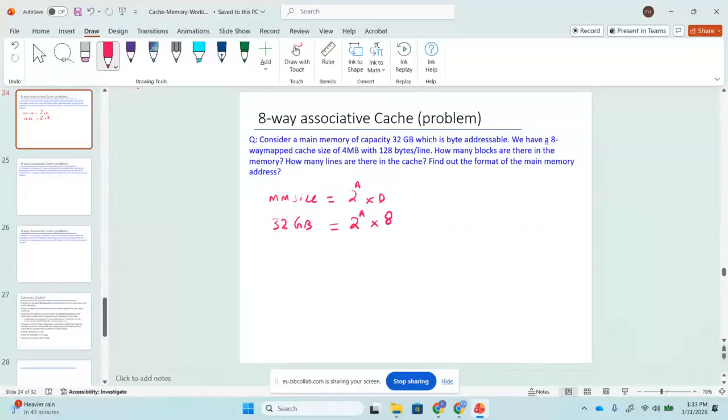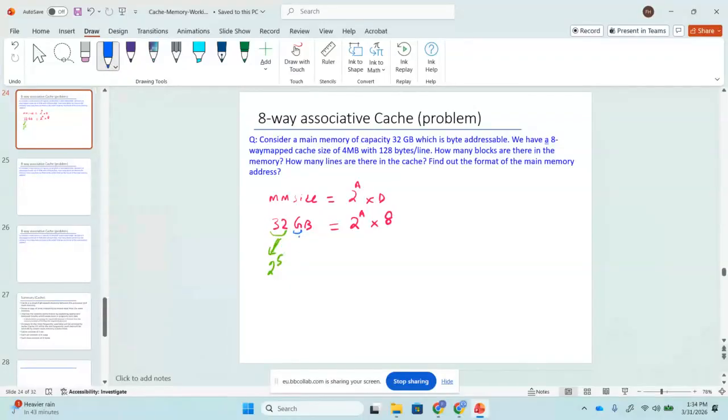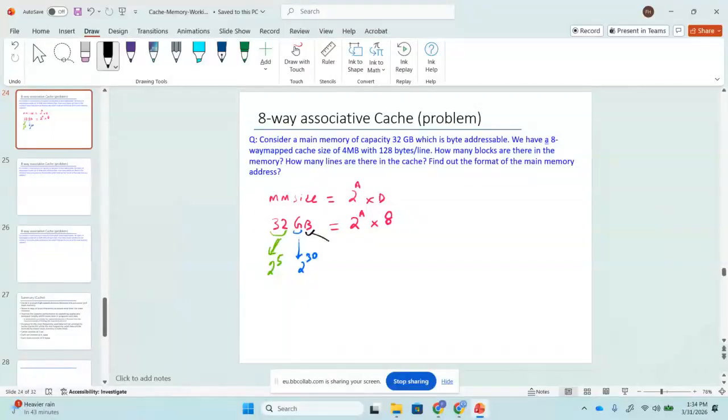So please remember, this 32 is 2 to the power 5, and gigabyte is 2 to the power 30, and now we have this byte, which is 8, so 2 to the power A times 8, and this 8 and this 8 will cancel out.